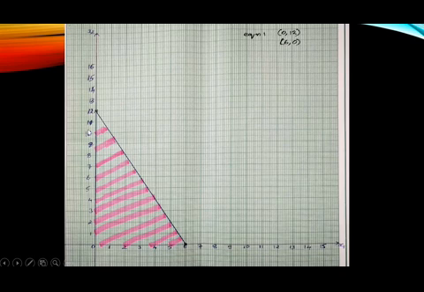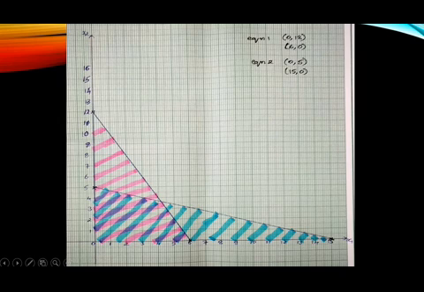Next, similarly, I take the second equation. The points for the second equation are 0, 5 and 15, 0. 0 along x1, 5 along x2. This is the point. Then the second point is 15 along x1 and 0 along x2. So these 2 points I join with a straight line, and this is also less than equal to type.